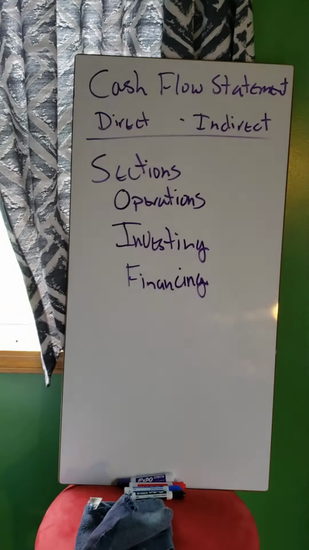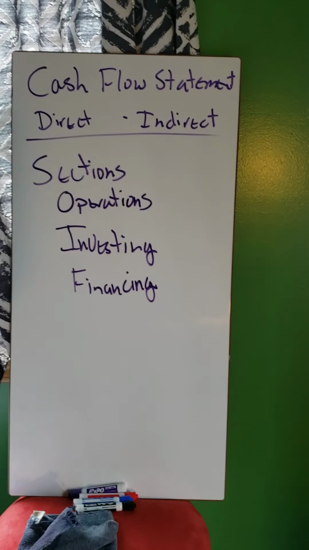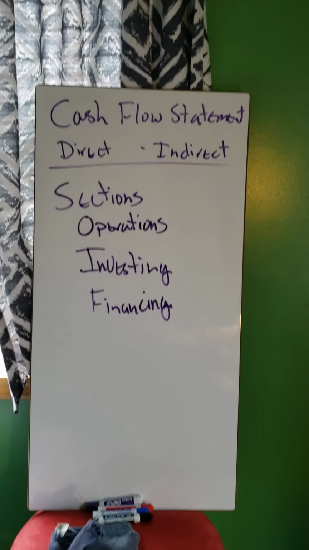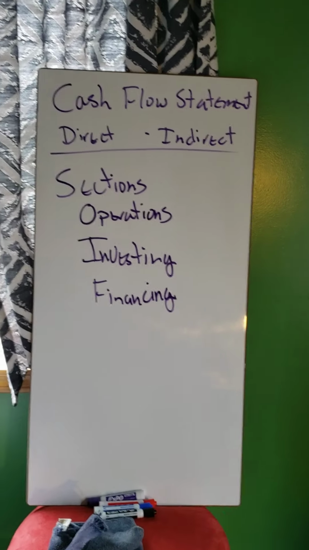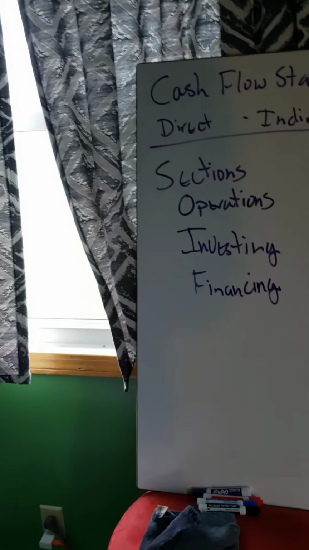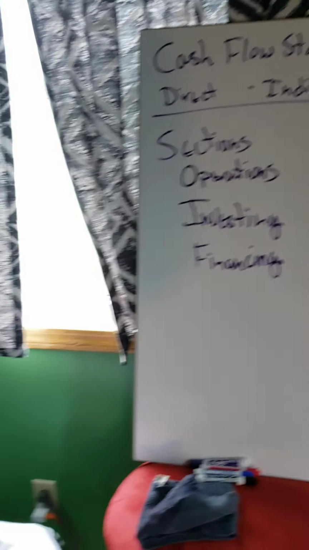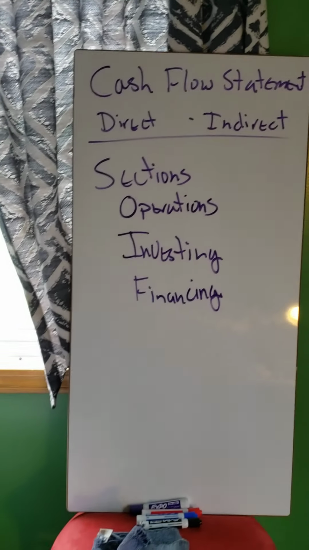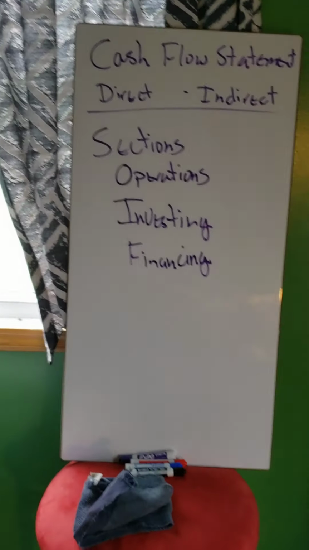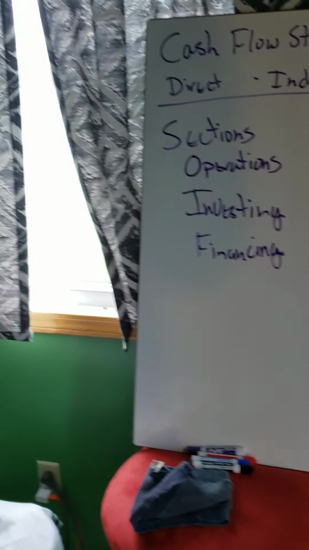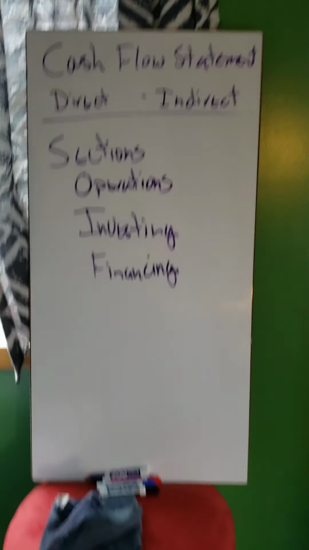The next section is investing activities, which would be purchases of equipment, for example, or sales of equipment, which would be a cash inflow from an investing activity. And finally, financing activities: selling stock, borrowing money, and repaying loans would all be financing activities.